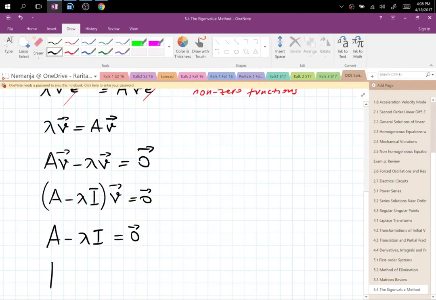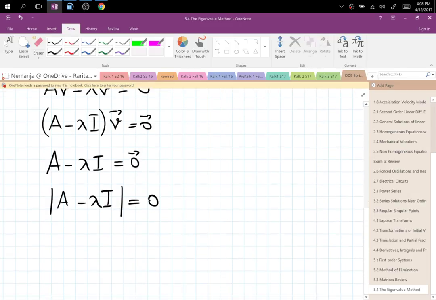And then if you take the absolute value, which is actually the determinant in this case, you will just get a 0 on the other side.